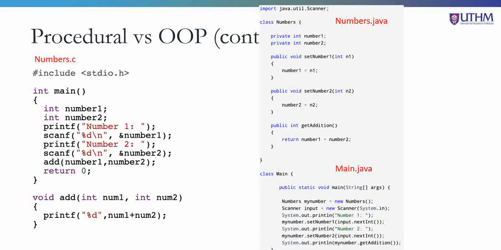This function is also called a setter. Normally we start with the word set, like set number one, so we call this method or function a setter. And this function is a getter.